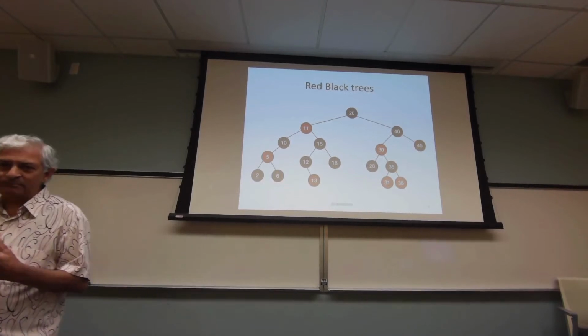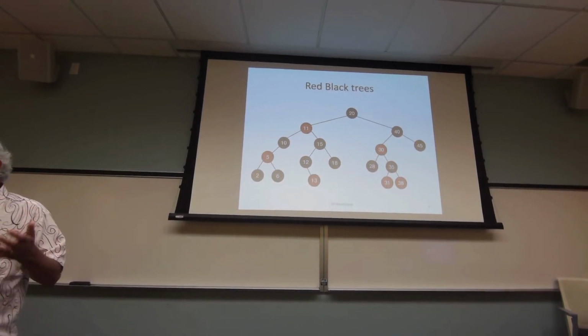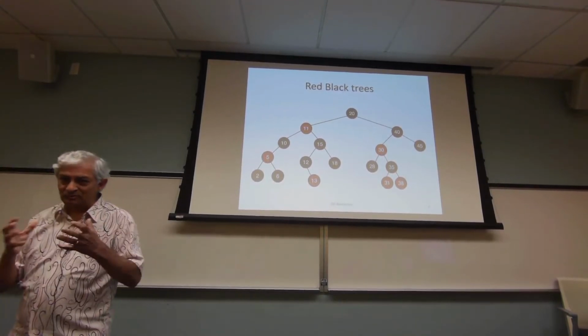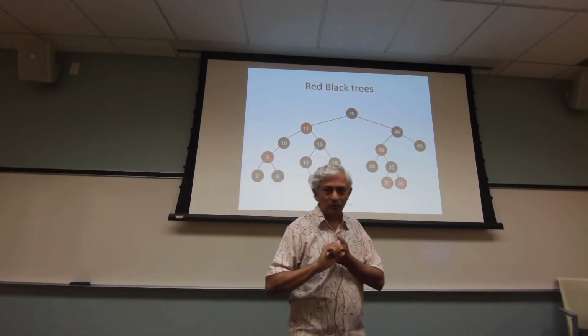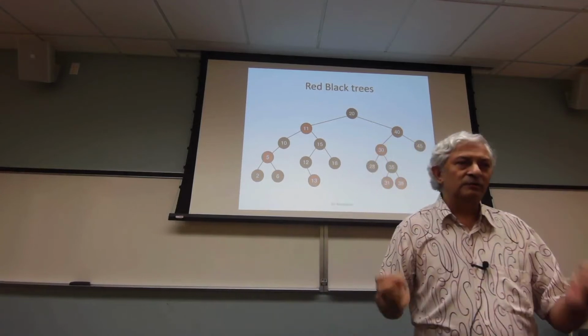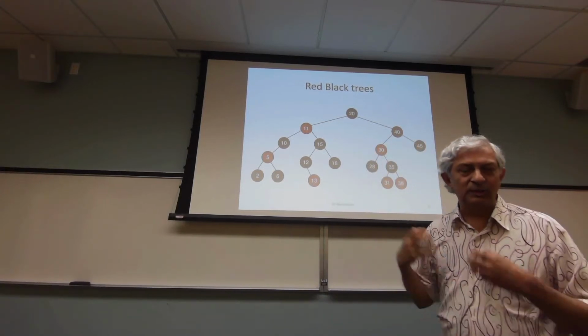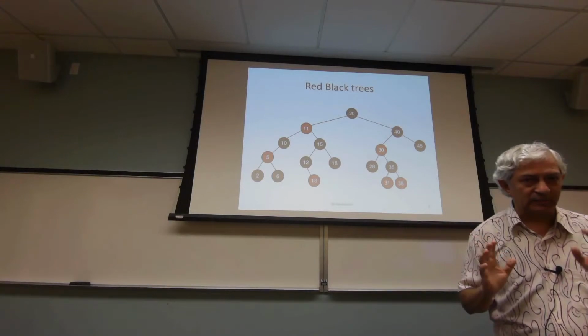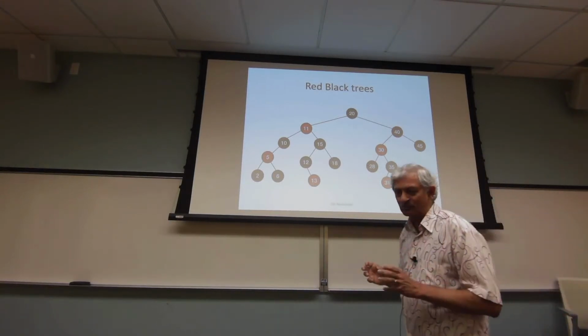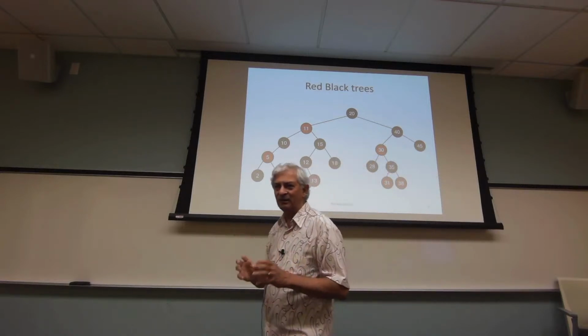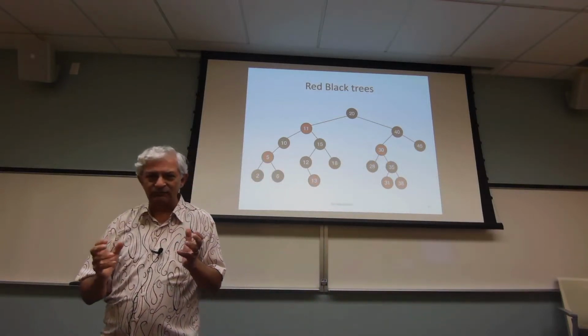Ensuring that this happens can be nicely maintained. There are algorithms to keep the tree in such a way that these 3 properties are always satisfied, even if you insert and delete things. So you don't have to worry about this because there's Java code or Python code out there. You just plug it in and it'll do this magically for you.